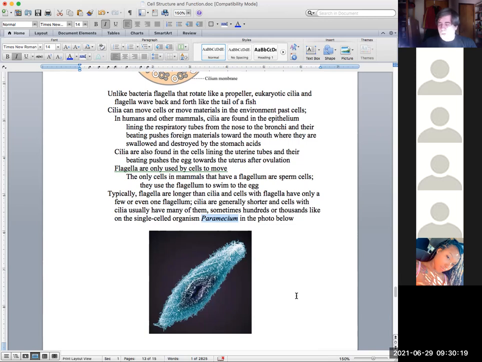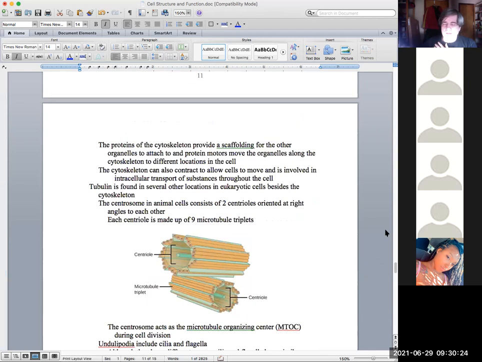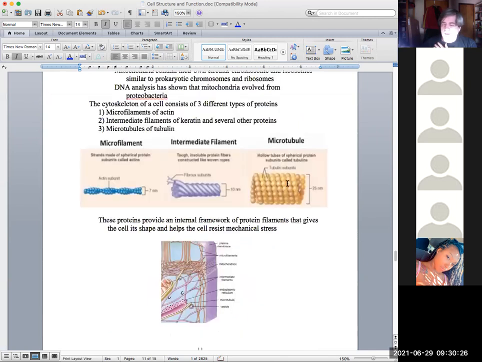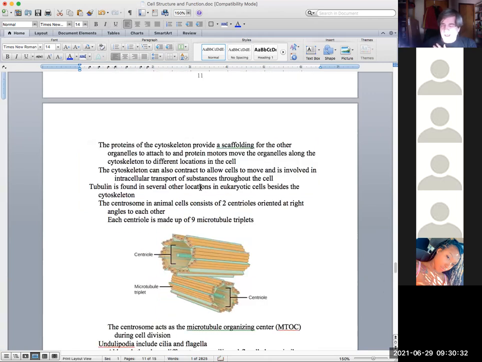So where do we find tubulin, that protein that we talked about before? Well, we find it in the microtubules that are part of the cytoskeleton. We find it in the centrosome, or the 2 centrioles, if you'd prefer.